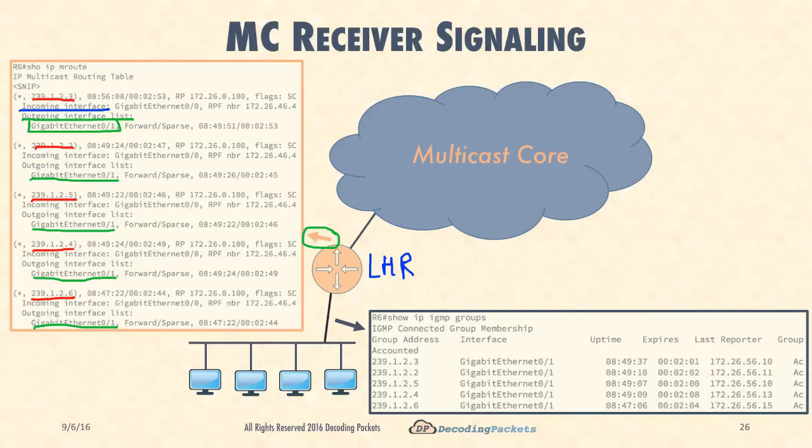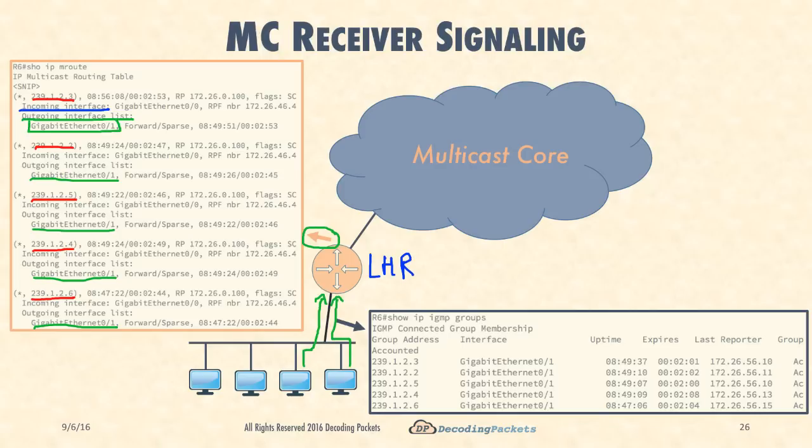That information could have come from any one of these receivers down here. So you see a bunch of receivers. There are, theoretically, 4 receivers shown on this diagram, but scale it out and it could be many different receivers who are all connected to a last hop router. So they will all send IGMP messages to this last hop router. These IGMP messages may have some groups attached to them.